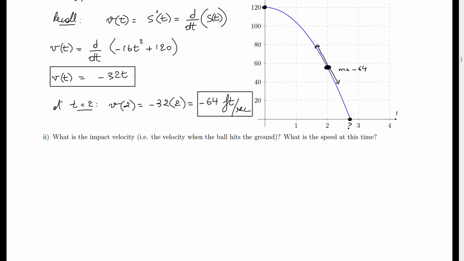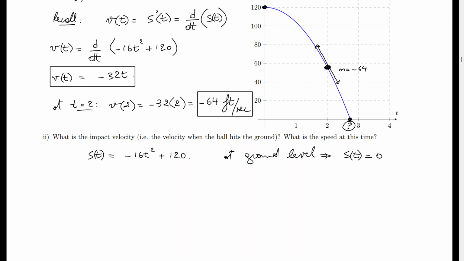Now, in order to find the impact time, I need to use the original s equation. So remember, s of t is the function which was negative 16t squared plus 120. I need to use this equation to figure out what time it will be when the ball reaches the ground. So at ground level, the position of the ball is going to be equal to 0 because my ball is basically on the ground now.